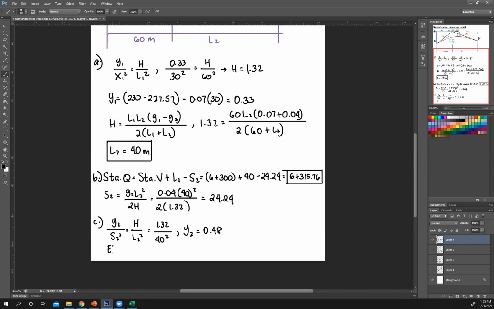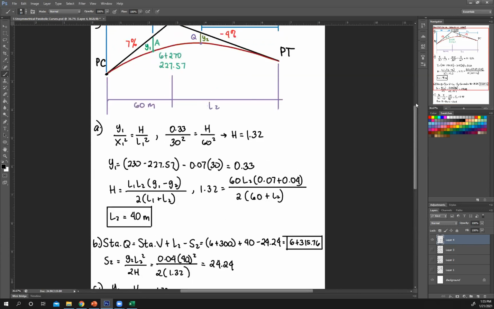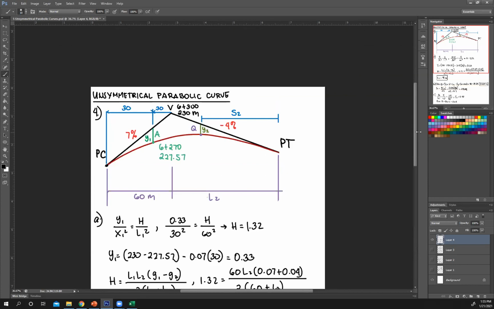And then elevation of Q is just elevation of your vertex minus the height of your right triangle. So that's 0.04, right? It's this right triangle right here. So 0.04 times this run, I need to know this length.